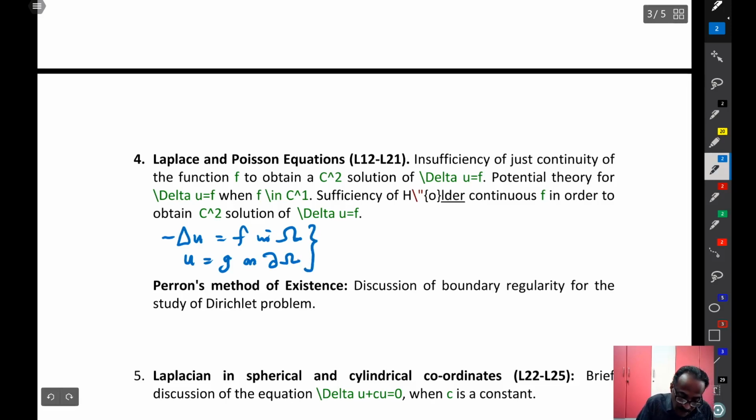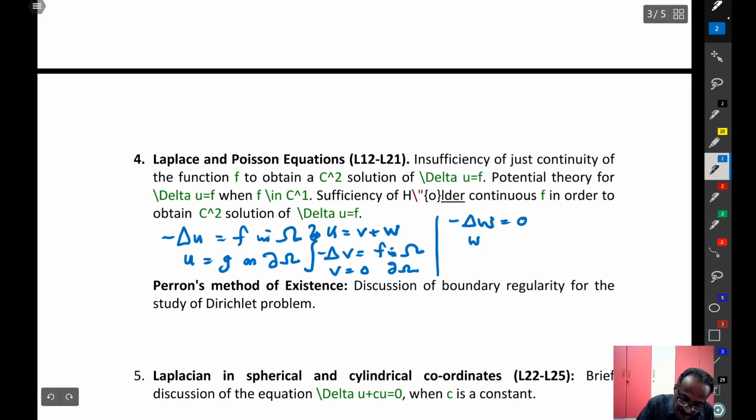In our first course, you have studied that you can represent the solution as u equal to v plus w, and then solve these two equations: minus Laplacian v equal to f with v equal to 0 on the boundary, so you split it into two things. So you have a non-homogeneous equation with a homogeneous boundary condition, and then the other, w, will satisfy minus Laplacian w equal to 0. So this is a homogeneous equation with non-homogeneous data on the boundary of omega.